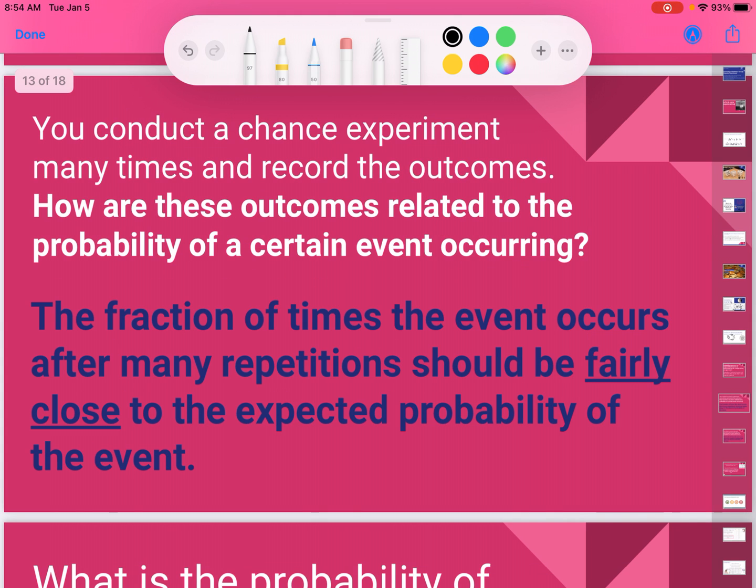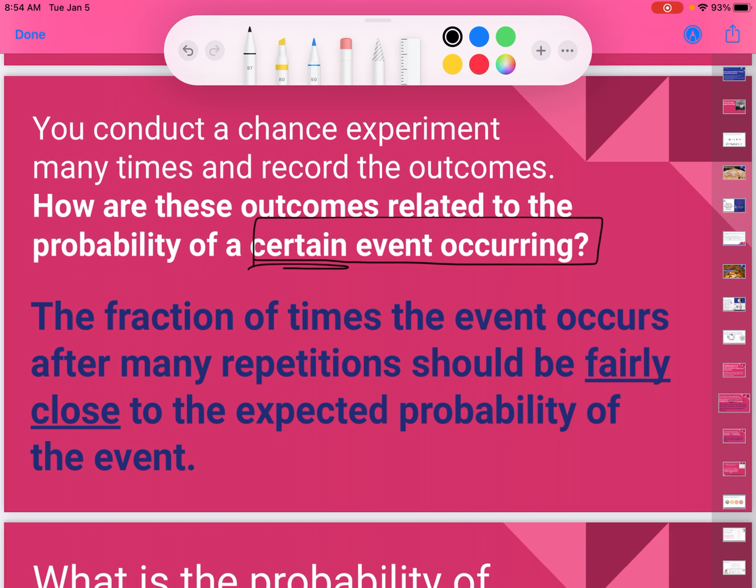All right, you conduct a chance experiment many times and you record the outcomes. How are these outcomes related to the probability of a certain event occurring?